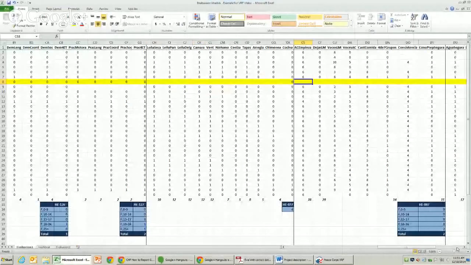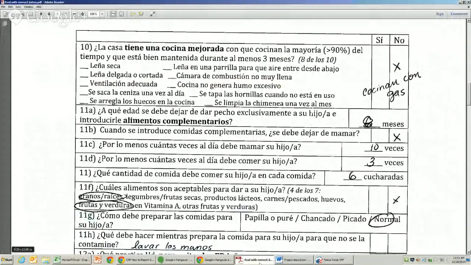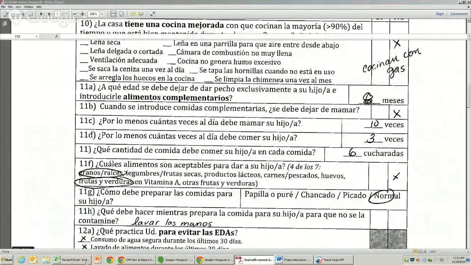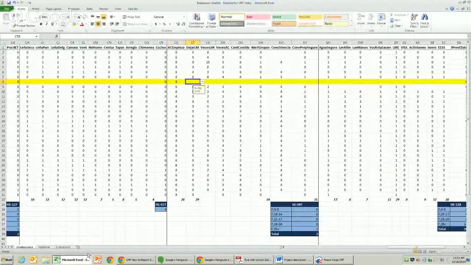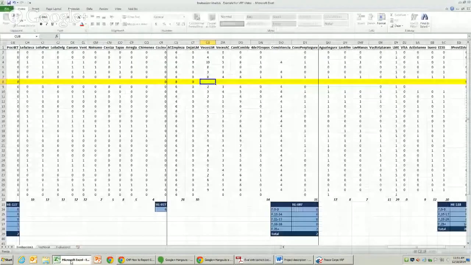Go over to the knowledge about nutrition questions. So we've got what age did they start doing complementary feeding? Looks like 8 months. Should they stop giving breast milk? No, that's a 0.